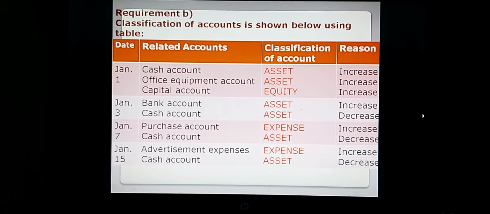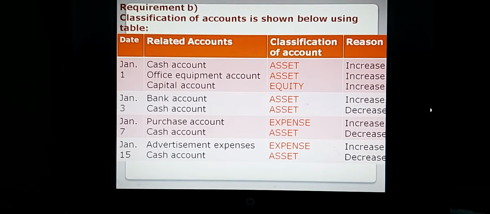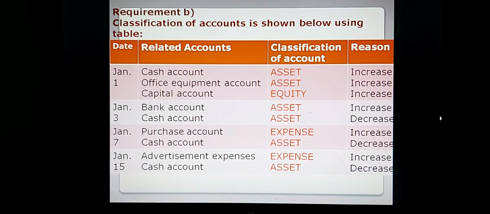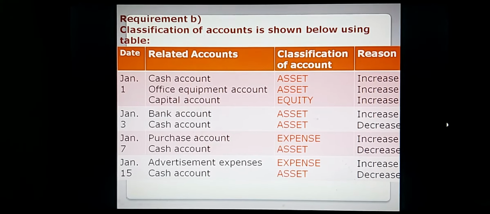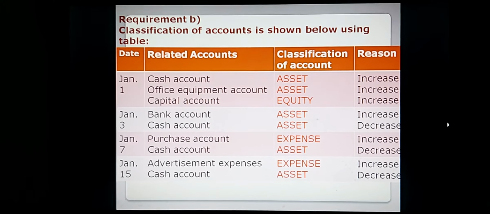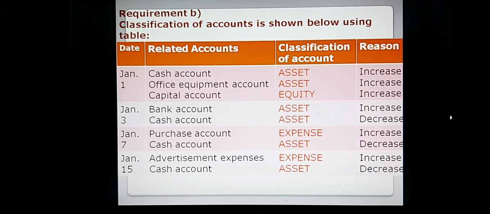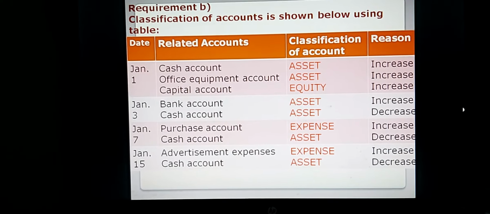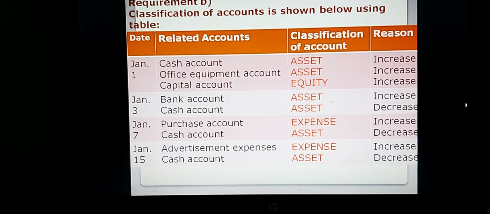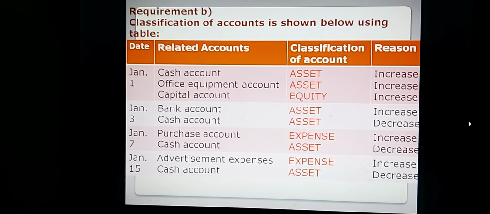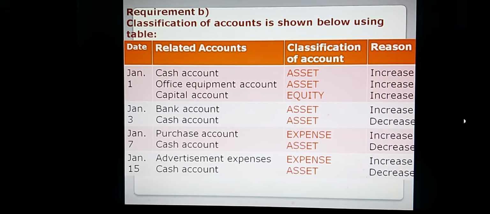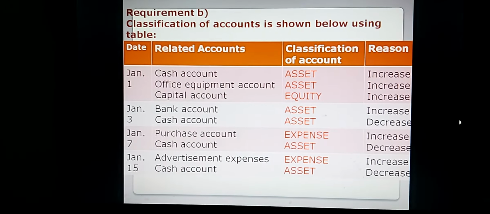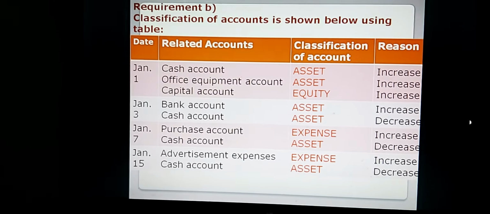And which items or which accounts are related to asset, which are liabilities, which are equity, which are revenue, which are expenses, that you have already seen in the previous lecture. So cash is one kind of asset. So question: classification of account or what type of account? Answer is asset account. Reason: cash is in of the business, or cash increase in the business, so reason increase.